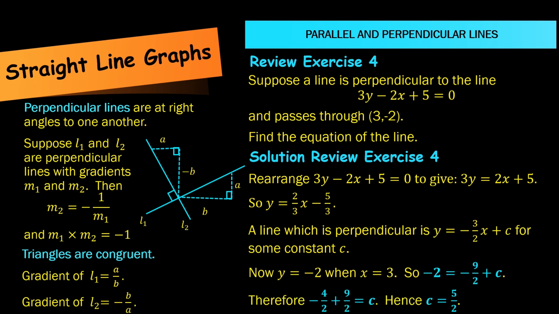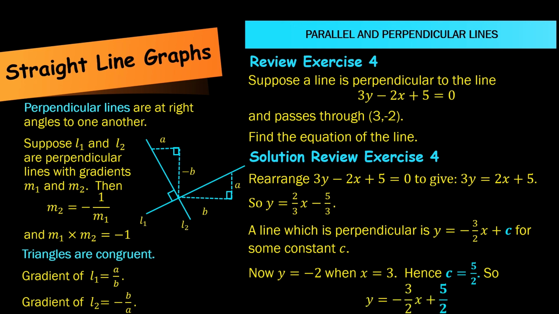And therefore we have that c equals 5 over 2. So we can now substitute c in the equation to give y equals minus 3 over 2x plus 5 over 2. So this is the line passing through (3, -2), which is perpendicular to 3y minus 2x plus 5 equals 0.